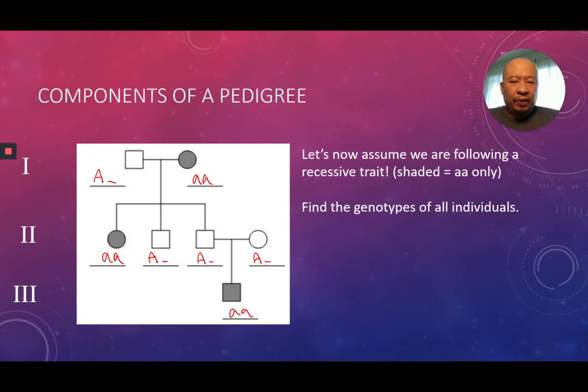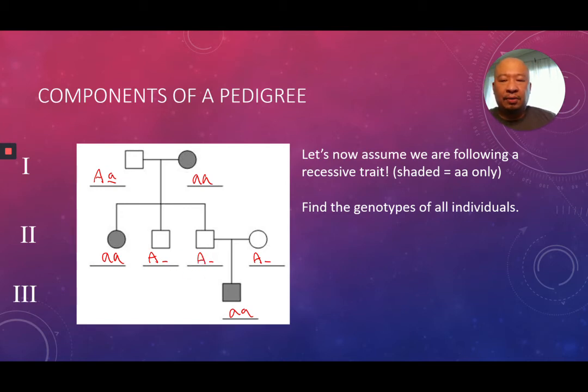And again, you look at it family by family. So if I start with the first generation, you have a dominant individual mating with a recessive individual. The children kind of tell me that because I have a recessive male, a recessive female, the male must be heterozygous. So I put in a small a there. Okay. Now the other ones, the other two males that are left over, they both display a dominant phenotype, but according to us at the beginning, we weren't sure what their second allele is.